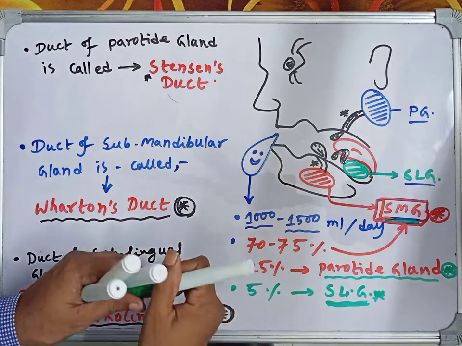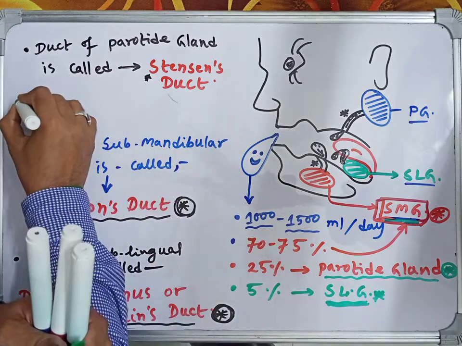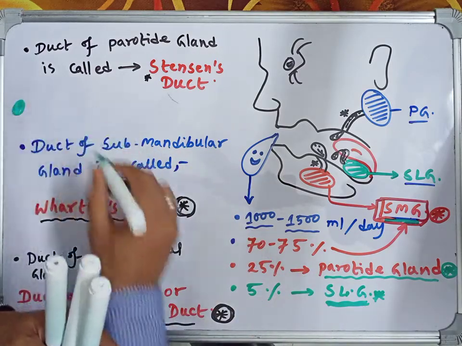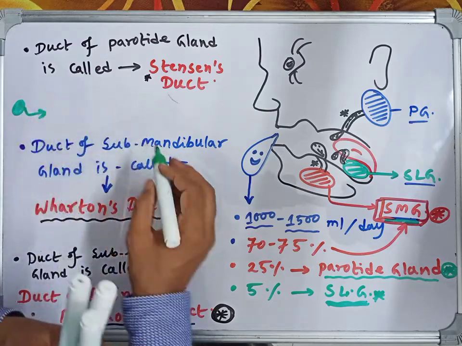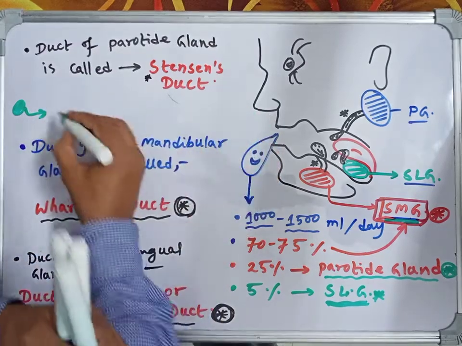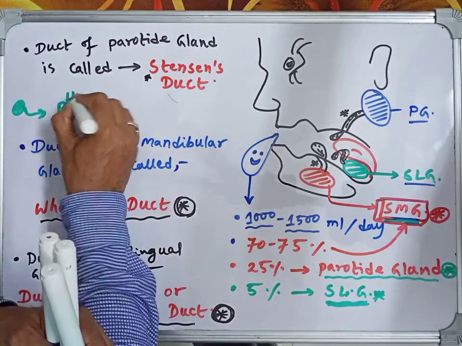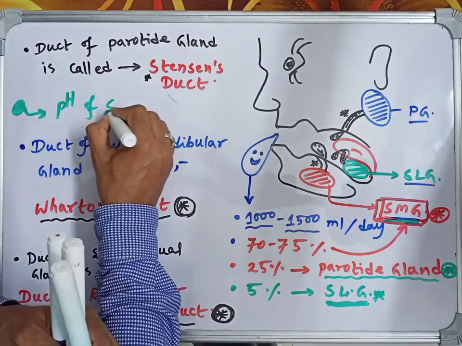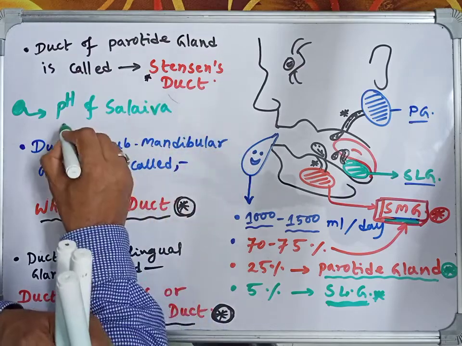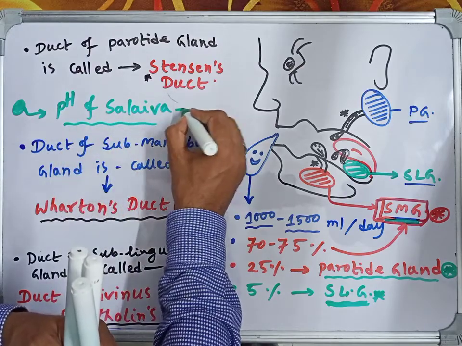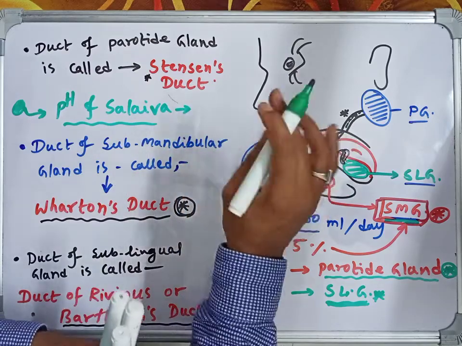Sorry dear, I missed a very big and important MCQ regarding this saliva. Actually, what is the pH of saliva? The pH of saliva is a very important MCQ regarding your competitive exam, right?